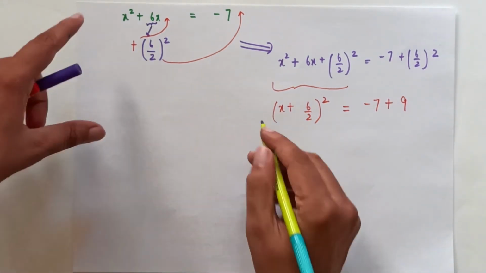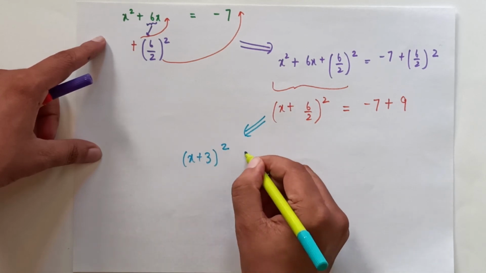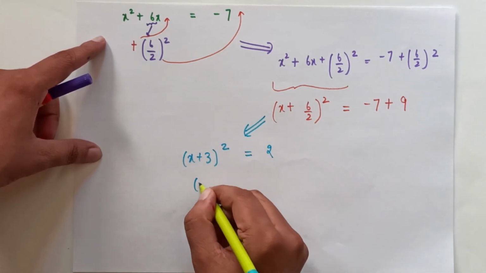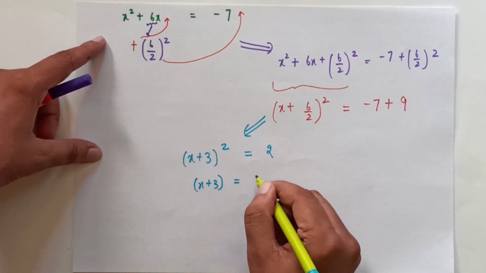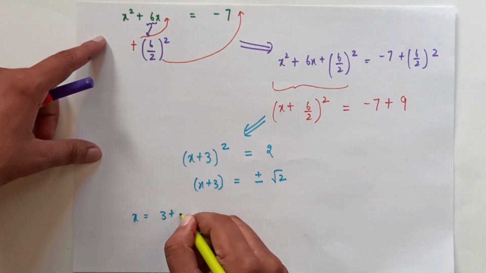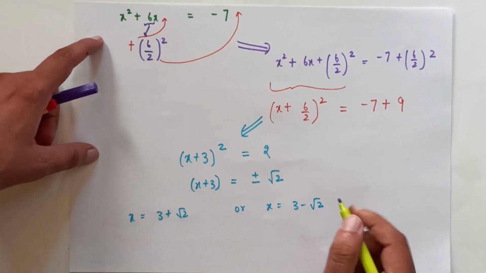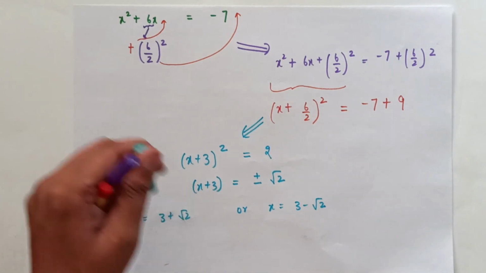We can further write it as x plus 3 square is equal to 2, that is x plus 3 is equal to plus minus root 2, or x is equal to minus 3 plus root 2, or x is equal to minus 3 minus root 2 as our possible solutions to this equation.